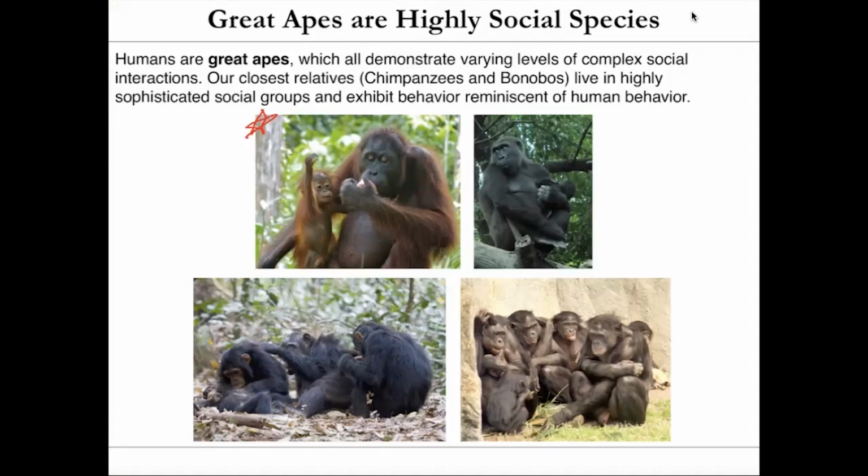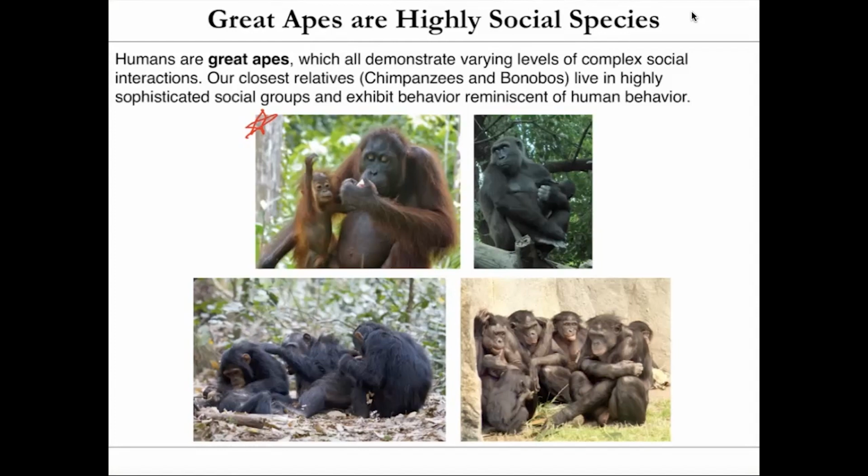The groups they live in are about the same size as chimpanzee groups, but they're much less territorial and much less aggressive. They're also known for being highly sexual. It's been said that chimpanzees use violence to get sex, whereas bonobos will use sex to avoid violence, which is a very interesting distinction between these two groups.